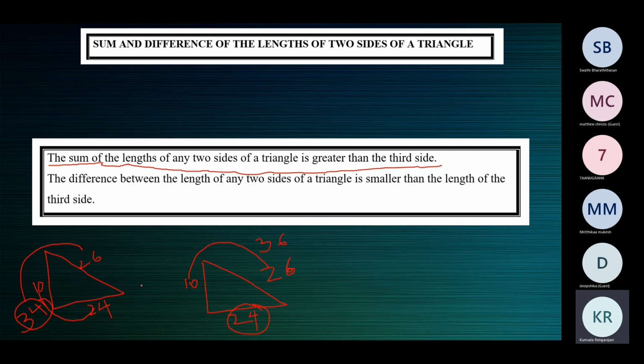When you add the lengths of any two sides of a triangle, that answer will always be greater than the length of the third side. Similarly, we have a property for the difference of the lengths of any two sides.